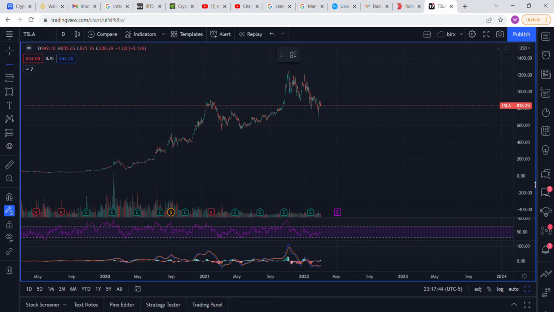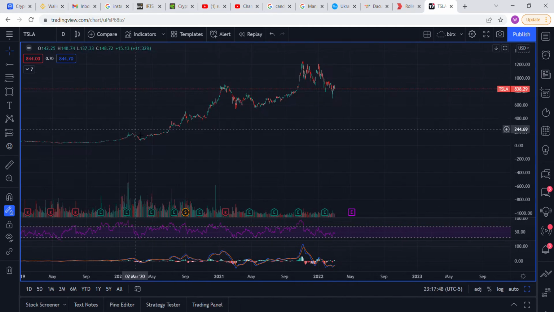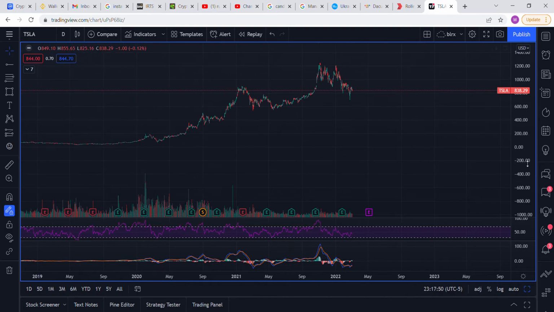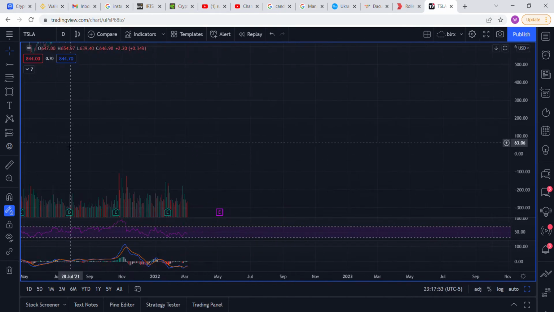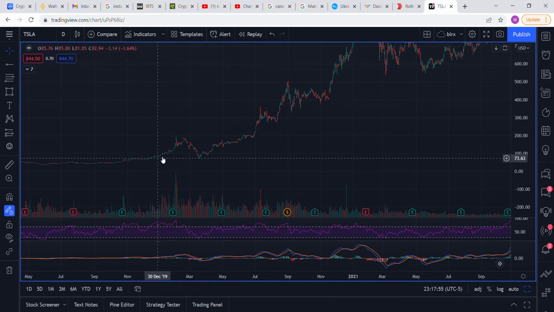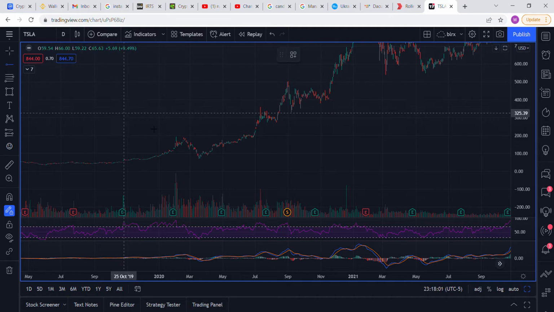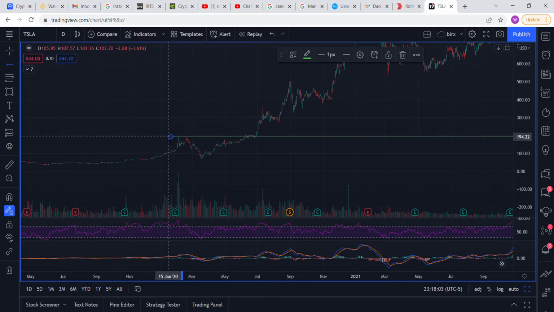So you see right here, we'll zoom in a little bit. Right here, you see it moving up and it hit right here, and then it hit right here, right? So what we can do is just draw a line. That's resistance, okay?